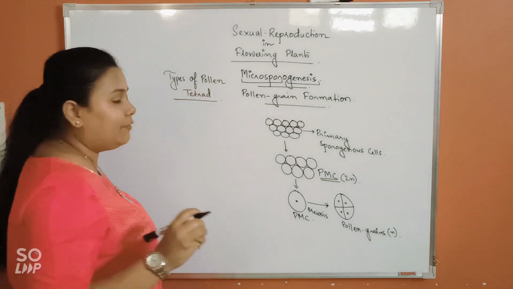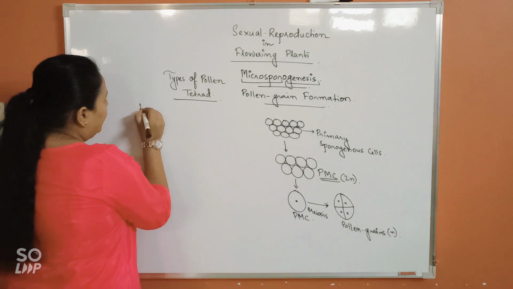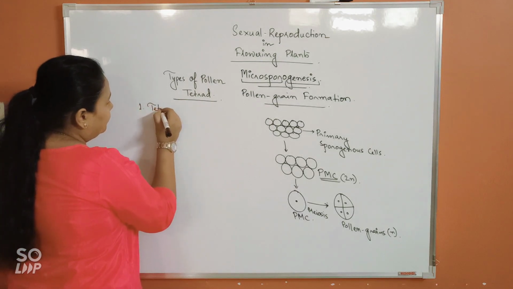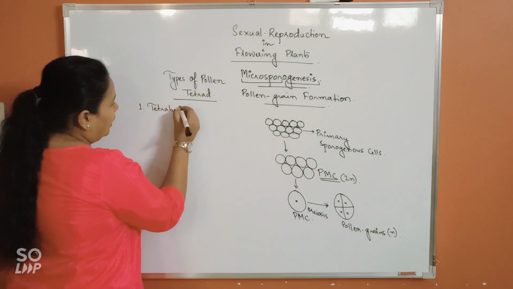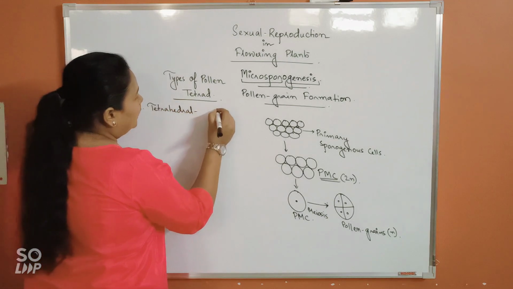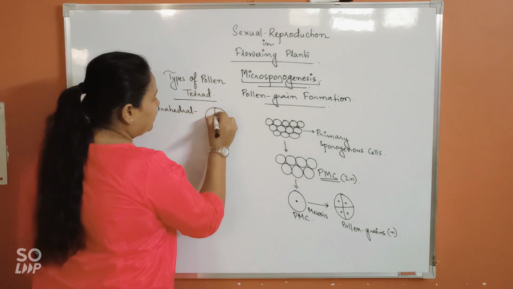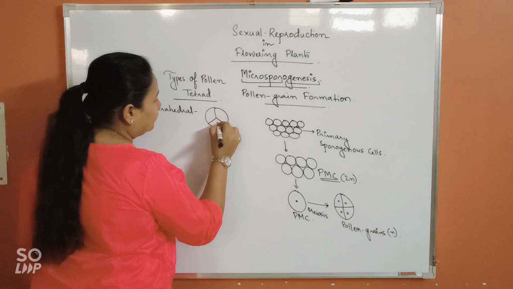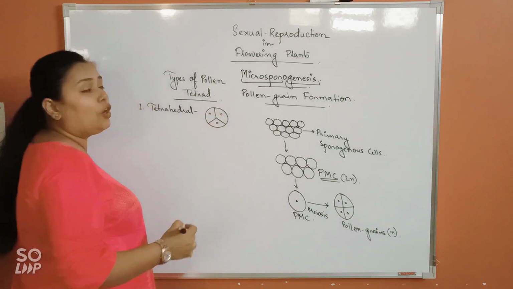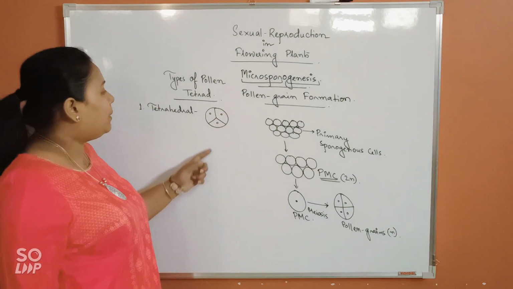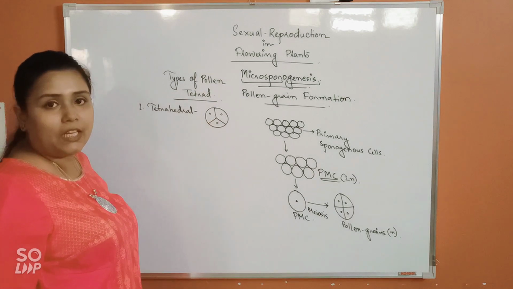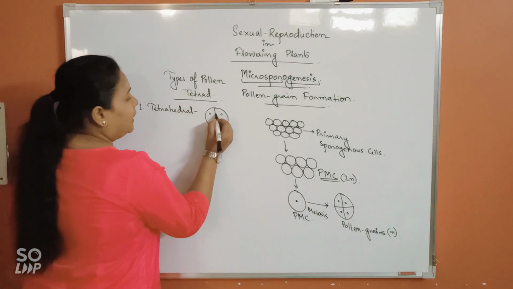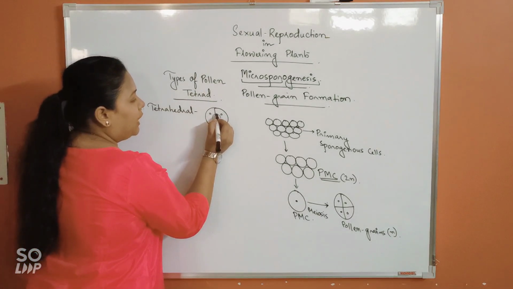There are mainly 5 types. First, tetrahedral. That is going to be like this. It's very common in the dicots. You might be thinking this is not 4, this is 3, isn't it? The 4th cell is below these 3, here at the center.